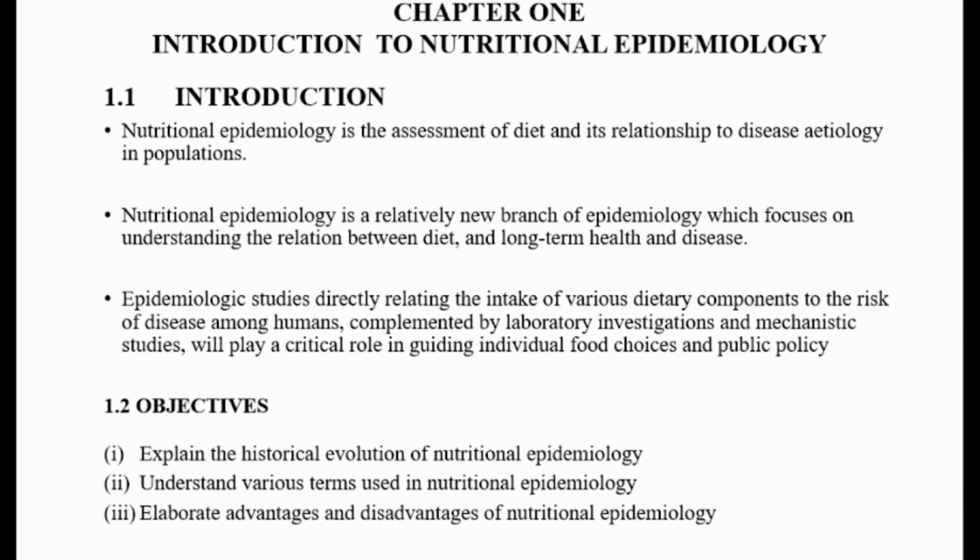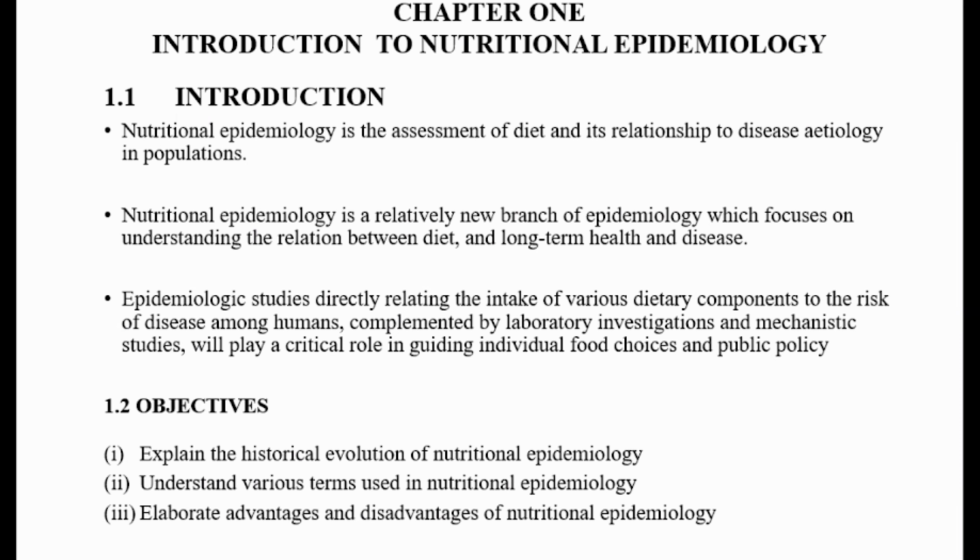So nutritional epidemiology will enable you to understand what is the contaminant depending on the symptoms which will be shown by a particular person. And then you will go further and want to know maybe the causes where that contamination occurred in that food value chain, so that you will be able to intervene.